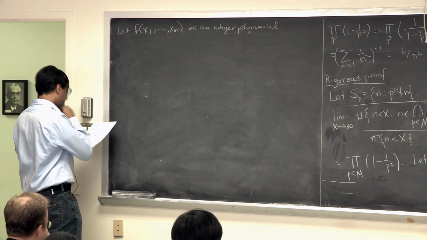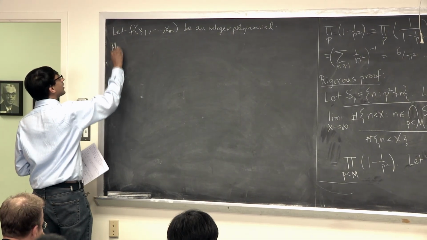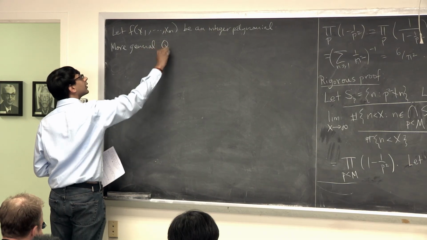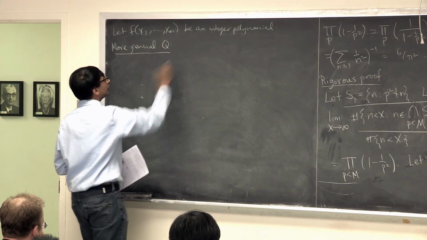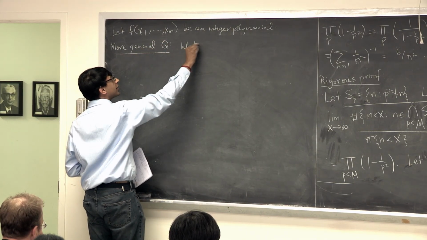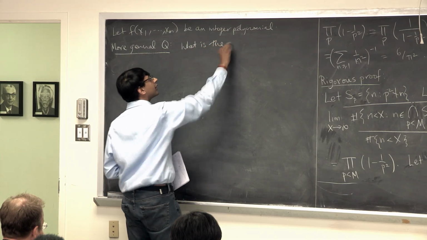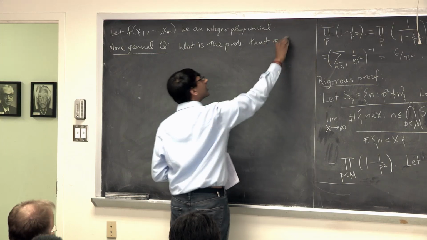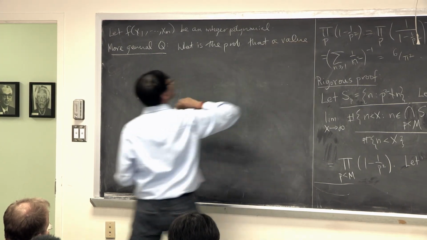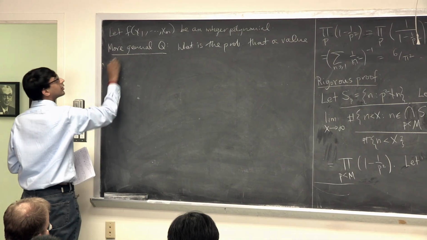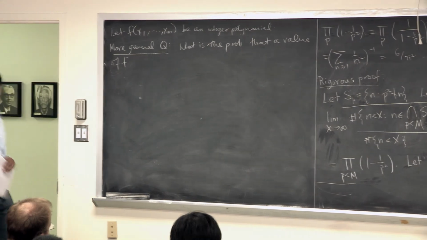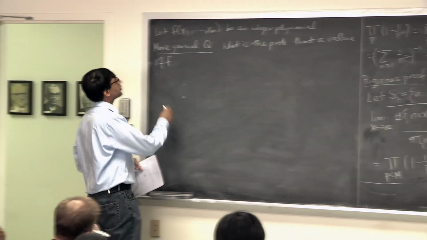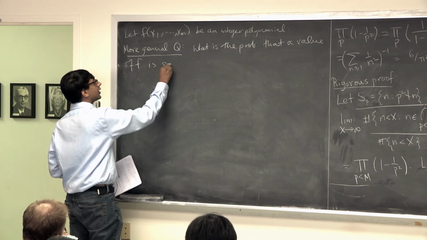Then we can ask the more general question: what is the probability that a value of f, by which I mean f taken at integer arguments for x1 through xm, is square free?